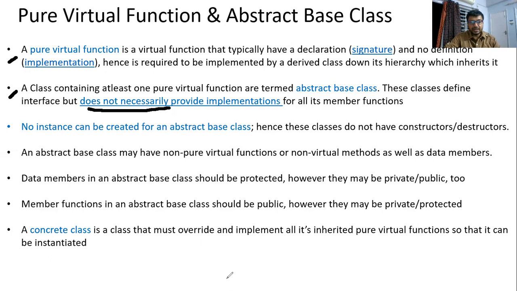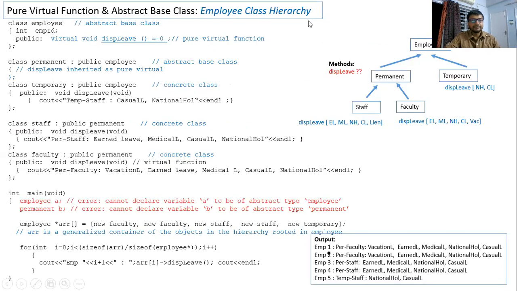So in the next slide, I'll take the examples. So one example, and we try to implement something similar to that class hierarchy. And we have employee, permanent, temporary, and staff and faculty. And we just restrict ourselves to implementing the display leave.